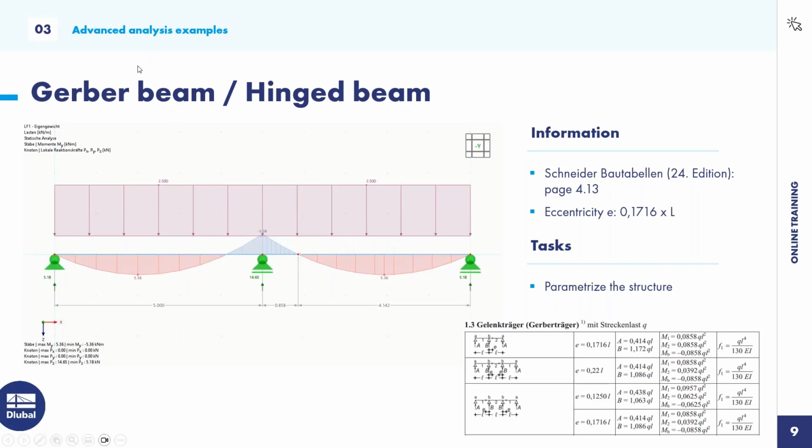All right, now the third example is also a two-span beam, but in this case, a specific structure, a Gerber beam or a hinged beam. A Gerber beam is a statically determined system, and it's quite special because it is designed to have the same hogging and the same sagging bending moment.